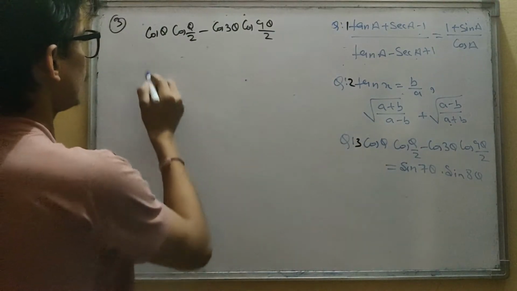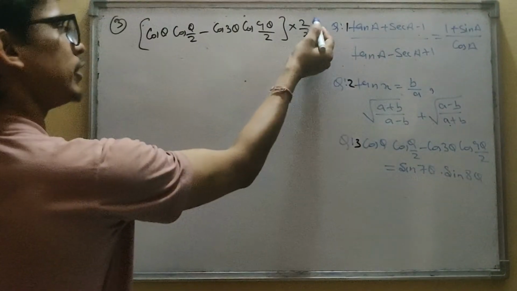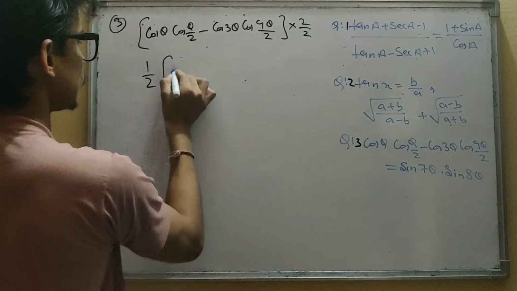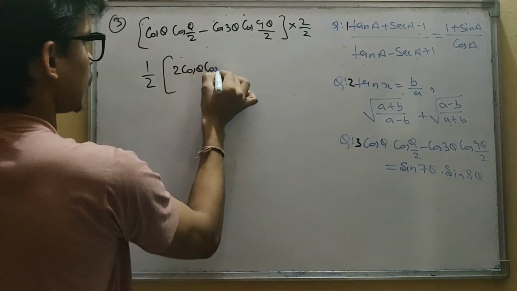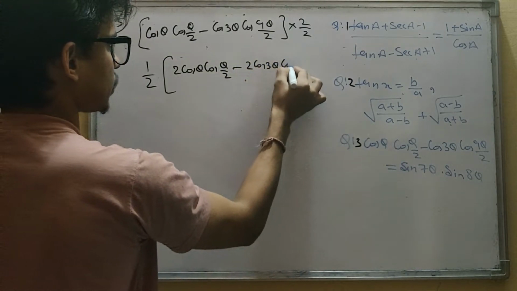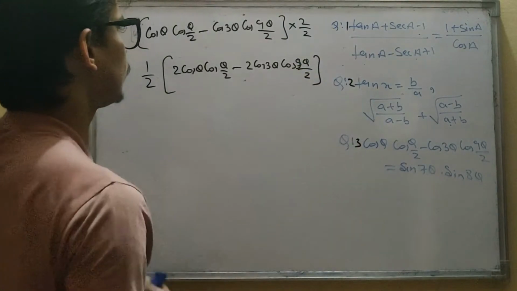So we multiply and divide by 2 and take the 2 in the numerator inside. So 1 upon 2, this is going to be 2 cos theta by 2 cos 3 theta by 2 and 2 cos 3 theta cos 9 theta by 2.